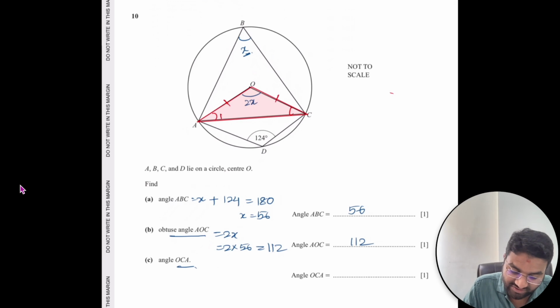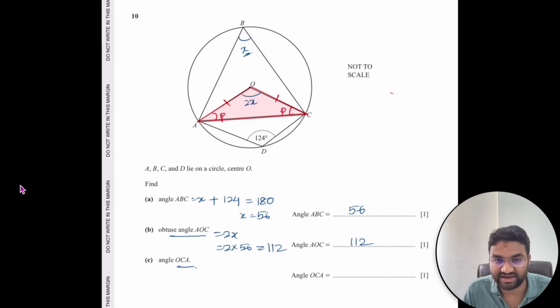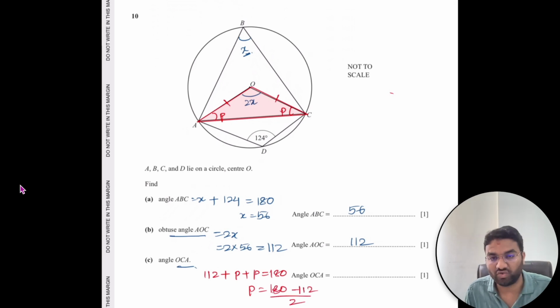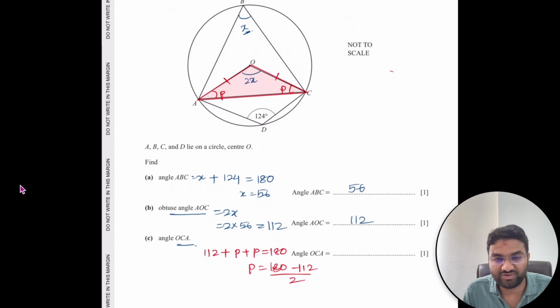So we can assume the angle at C and angle at A is P, so 112 plus 2P is equal to 180. You can calculate P as (180 minus 112) divided by 2. If you do this calculation, you will get 34 as the answer. I hope you are getting it step by step.